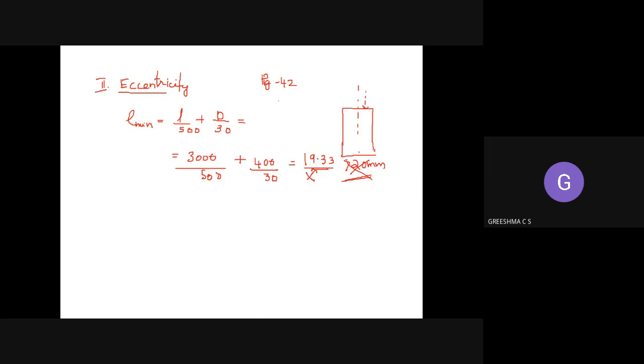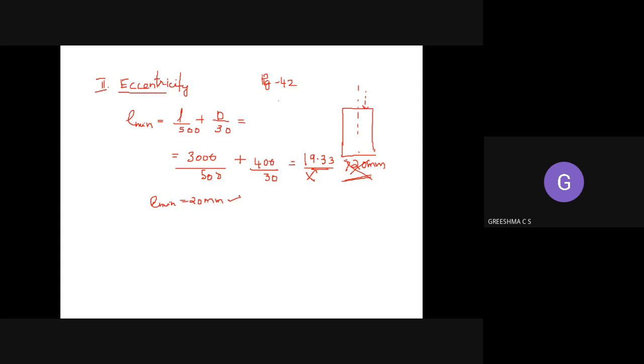So IS code is telling a minimum 20 mm, that is minimum 2 centimeter എന്തായാലും ഉണ്ടാവും. So here, less than 20 mm, that is 2 centimeter, which means that you have to ignore this value and go with the IS code value, that is E minimum is equal to 20 mm. You have to take the E minimum value as 20 mm.